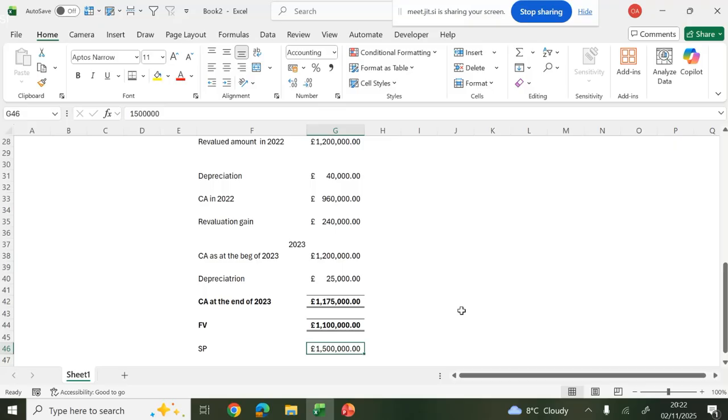So that is what this standard is talking about. An asset that has been classified as a non-current asset is now classified as held for sale, and it has met that criteria. So at what value will you show it? Is it at fair value or at carrying amount? Whichever is lower between the two is the amount you show in your statement of financial position.